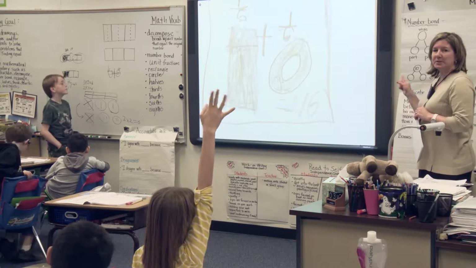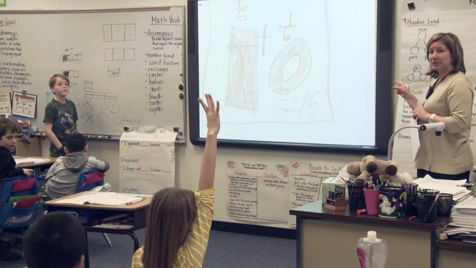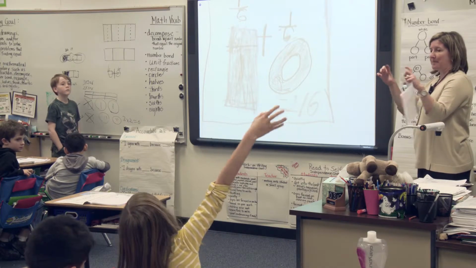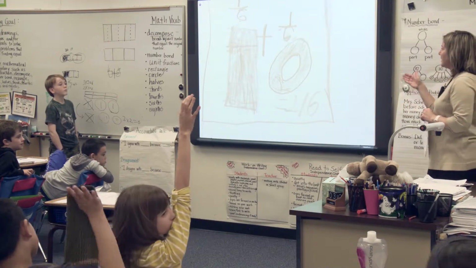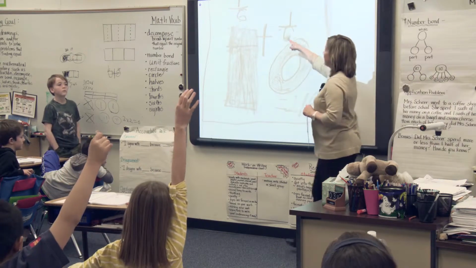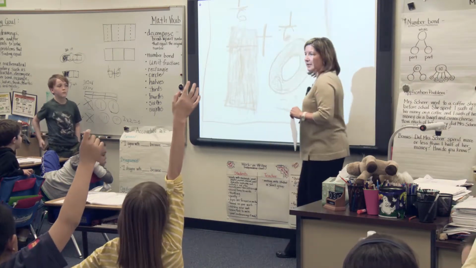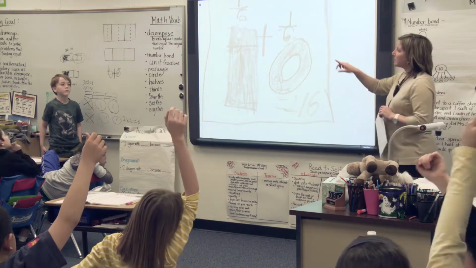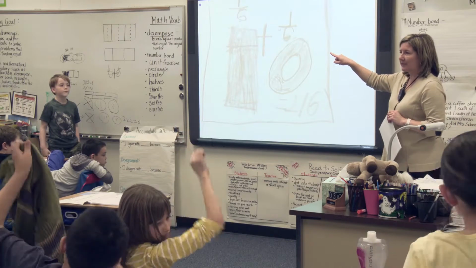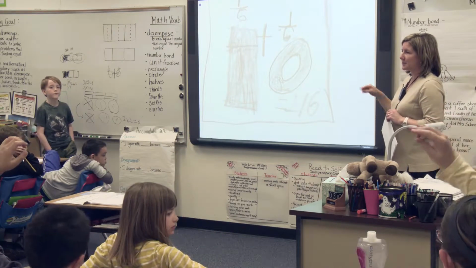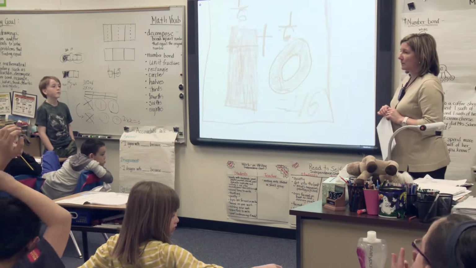Well, I'm not sure if this person actually was thinking of drawing a picture to show the money part in 6. I think that they drew a picture of the coffee and the bagel, and we're making an equation. Do you see an equation in here? Right, because earlier in the day, we had talked about our learning goal having an equation in it, and I think that's what this person did. Okay, Carly?